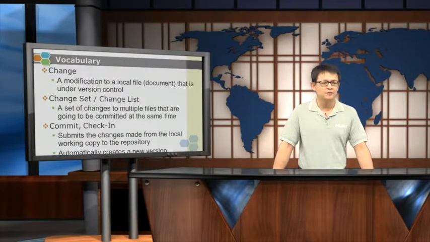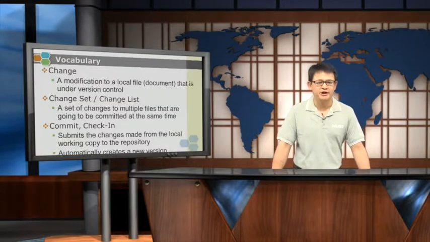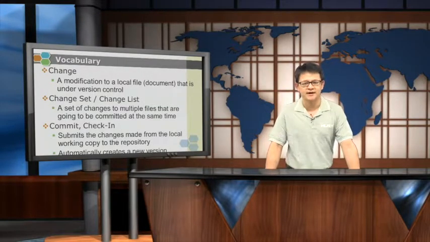We have the notion of change, which is a modification to a local file that is under the version control. Because you can have a set of files, some of them are under the version control and some of them are not. You have the change set or change list, which is a set of changes to multiple files that are going to be committed at the same time.